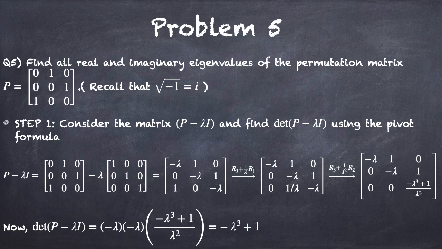So the first step is to find the matrix P minus lambda I and the determinant. In this case, instead of using the cofactor formula, I use the pivot formula in order to find the determinant. So I took the matrix P minus lambda I and got the matrix with rows negative lambda, 1, 0; 0, negative lambda, 1; 1, 0, negative lambda.